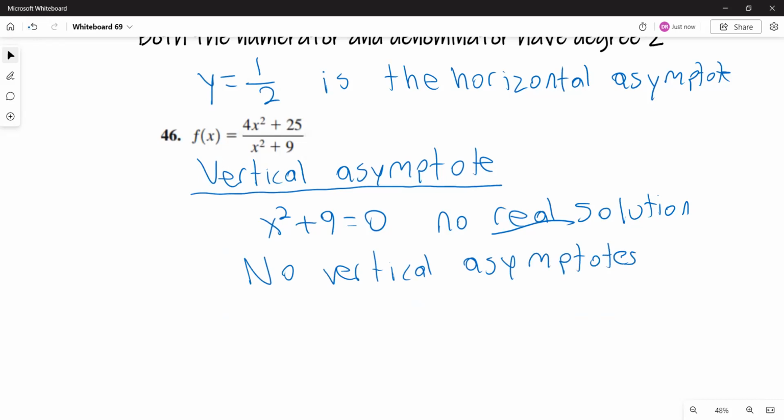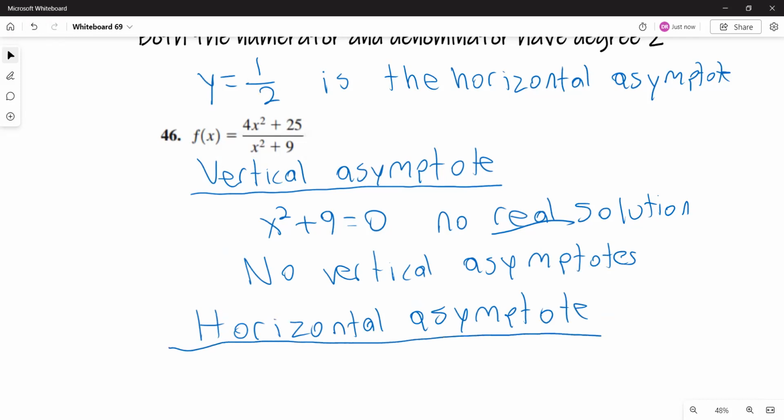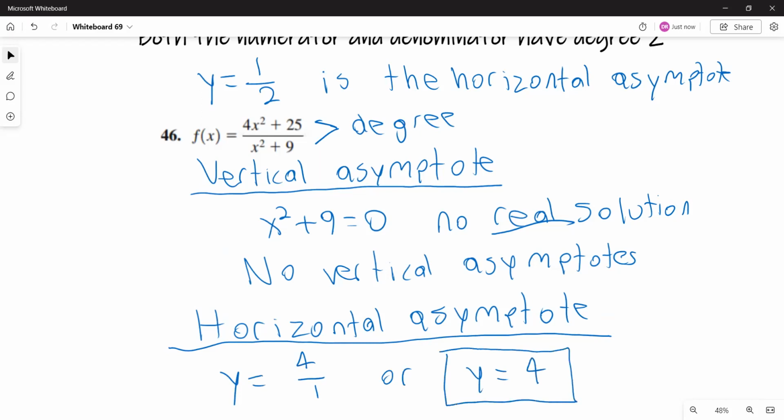And the horizontal asymptote: both the numerator and denominator have degree 2, so the horizontal asymptote is going to be the quotient of the leading coefficients.